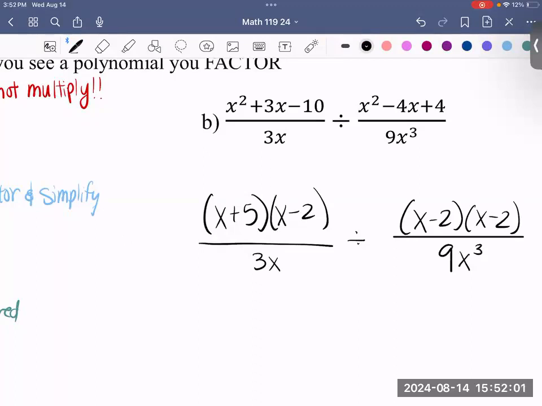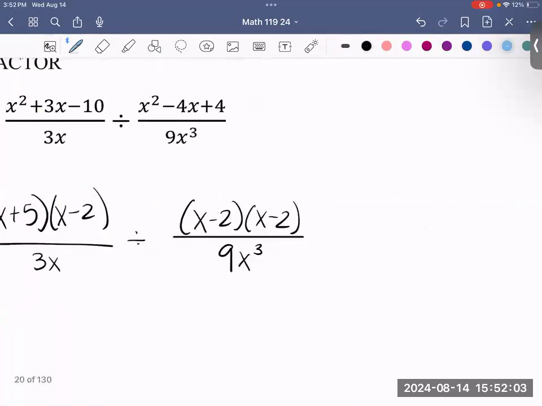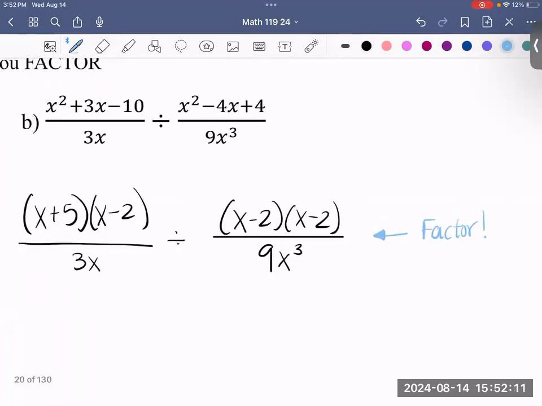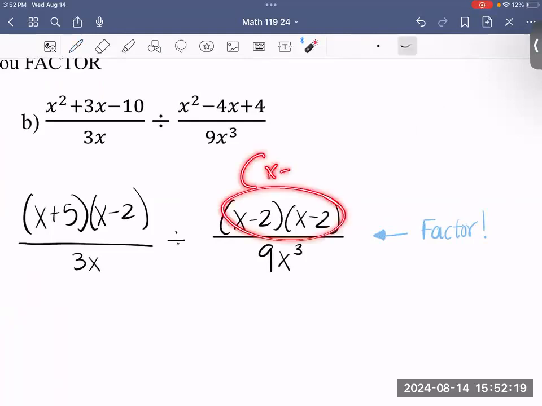So first up, let's factor. And then before we start to cancel, nothing in its direct setup will cancel. And if you did combine these to make x minus 2 squared, you're not wrong. I want to leave it expanded for now, and you're going to see why.